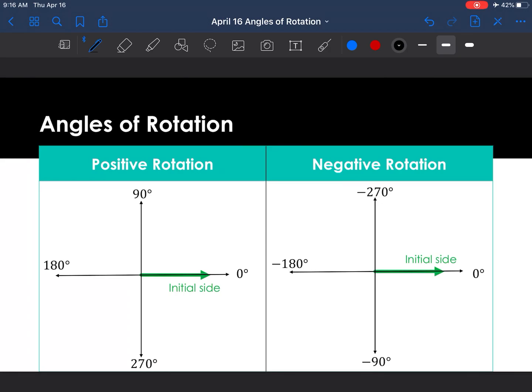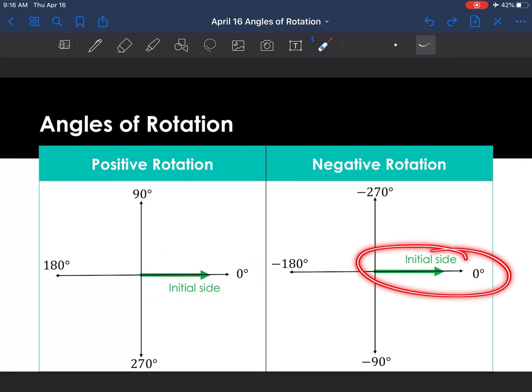So whenever you're doing angles of rotation, we're going to be using this coordinate plane, this idea of a graph. Now, no matter what, whether it's a positive angle or a negative angle, you always start in the same place. You always start with this initial side here. So you always start on, I guess that would be the positive x side of the graph, but we're not thinking of these in terms of x's and y's.